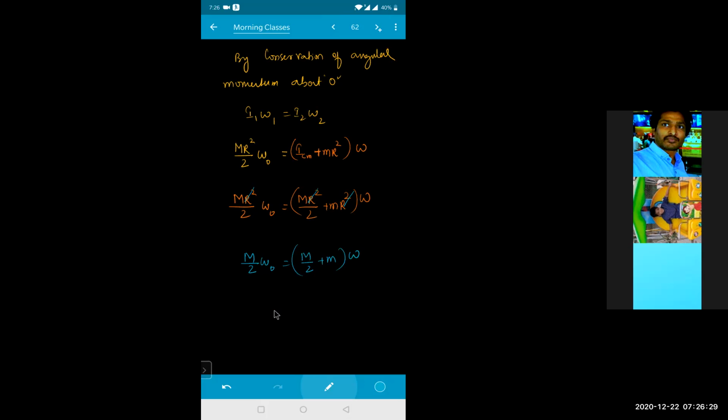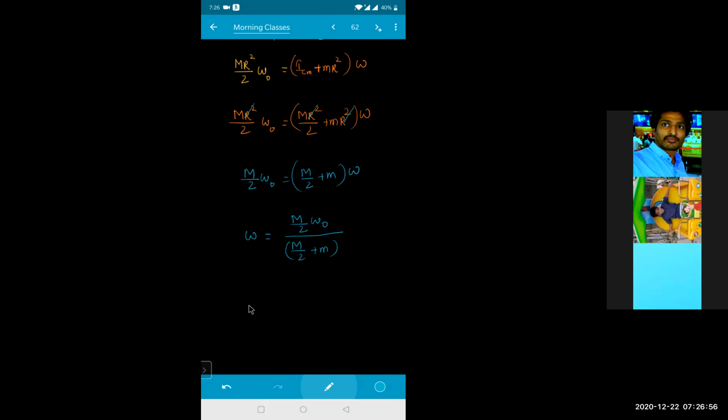So omega will be equal to M by 2 into omega naught divided by M by 2 plus small m. Can we simplify this further? Multiply by 2 throughout.